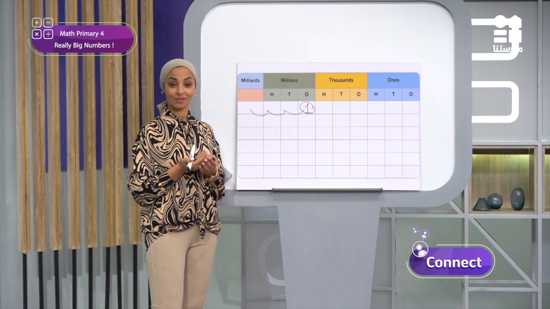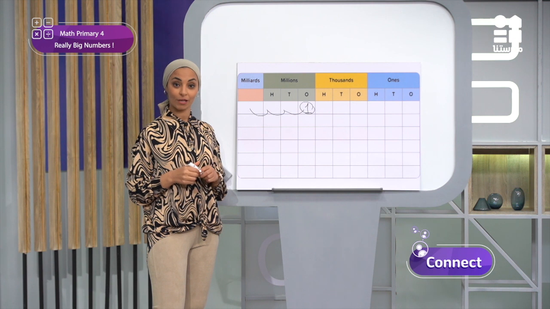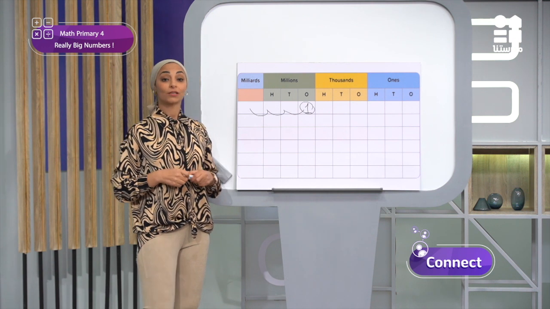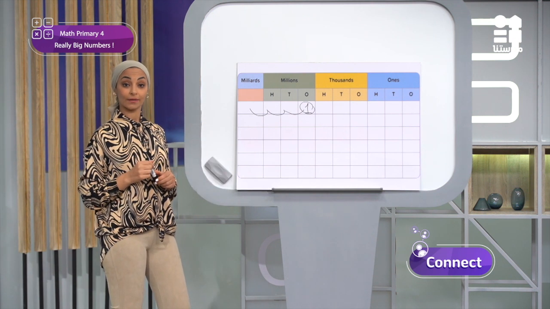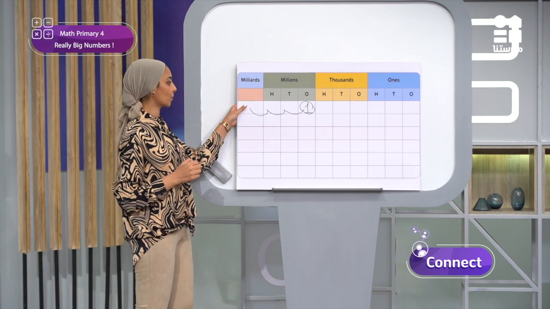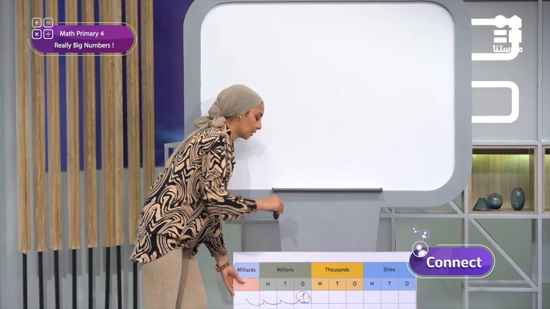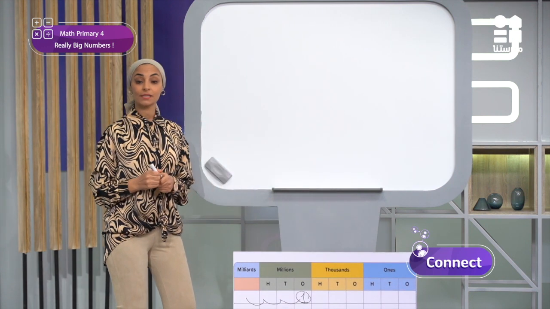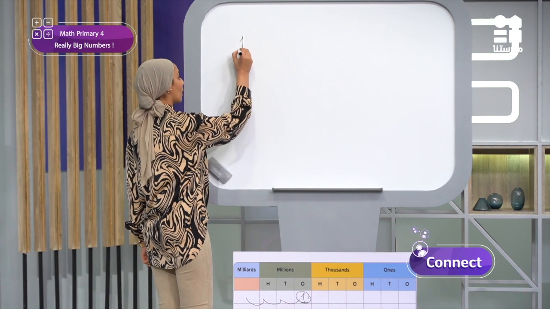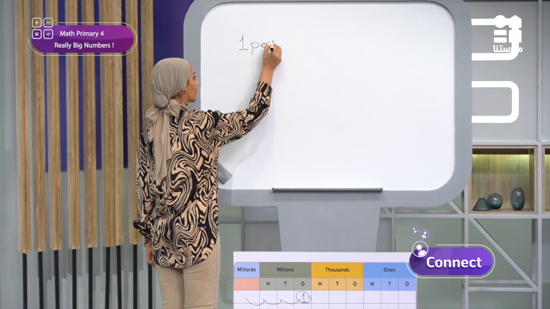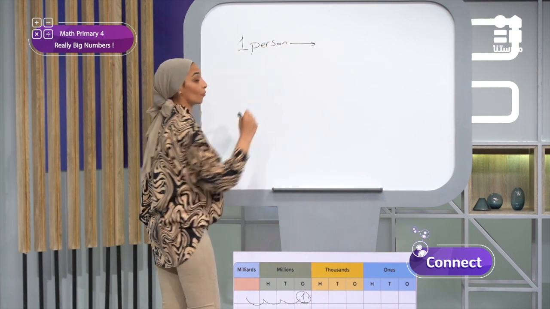Okay? Now you know how you can make it. And also we can make it in another way. Let's do it all together. Omar and Maryam told us that for each one person, we have how many ants?